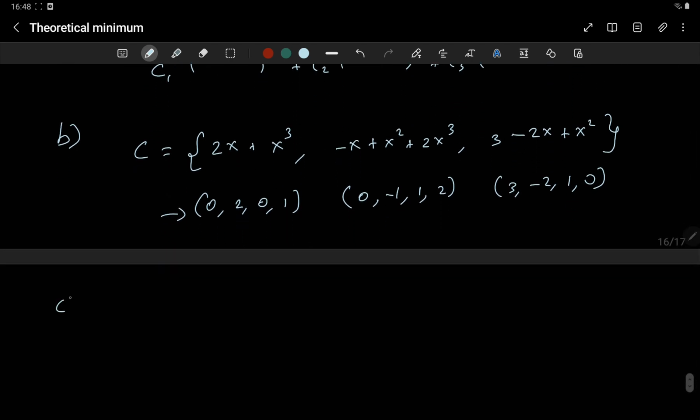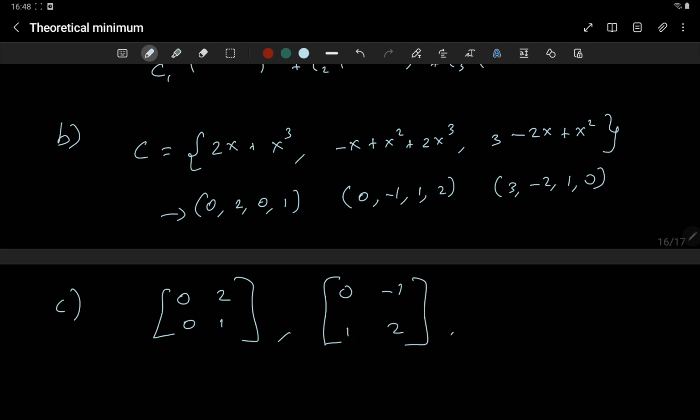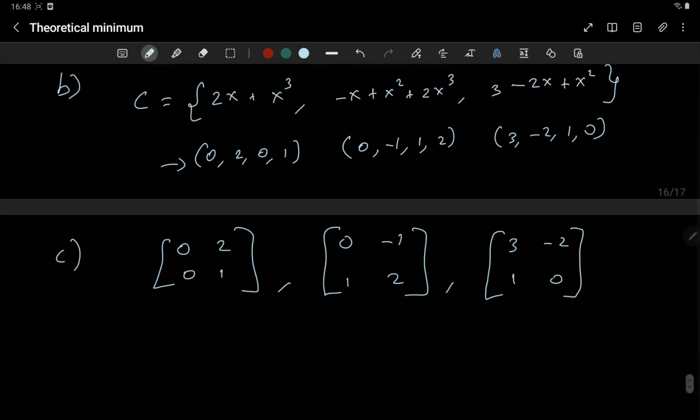And the third example, they have put a matrix, a 2 by 2 matrix. The first one is 0 2 0 1, then 0 minus 1 1 2, and then 3 minus 2 1 0. So tell me, what basis set can we choose so that I will get a coordinate vector the same as this one?